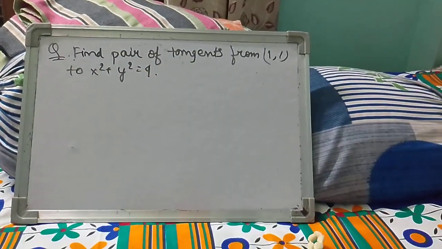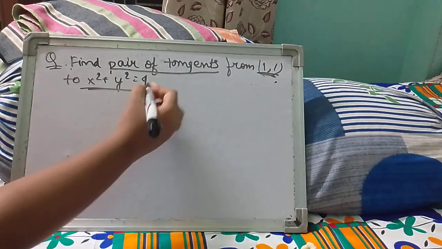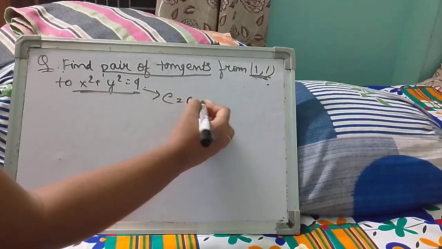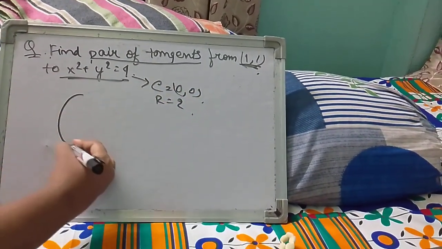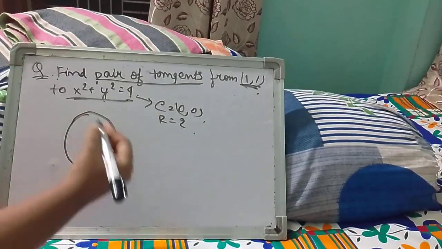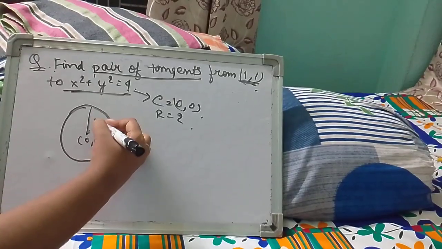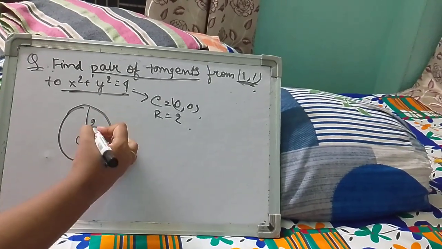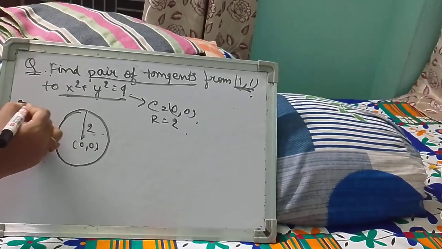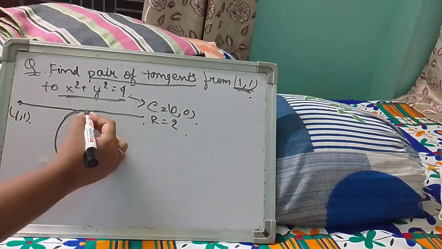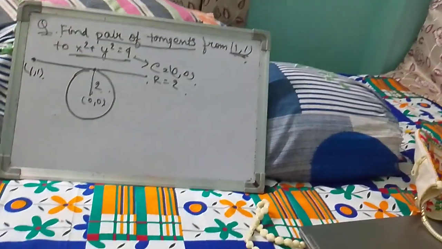This is the question. Find the pair of tangents from this point to this circle. So this circle's center is at (0, 0) and its radius is 2. So draw this circle. This is the center (0, 0) and this is the radius, that is 2. Now the tangent is drawn from the point (1, 1) and we have to find the equation of the pair of tangents.